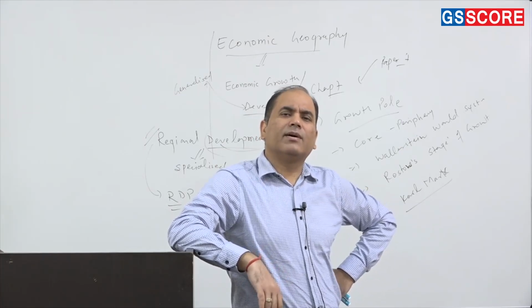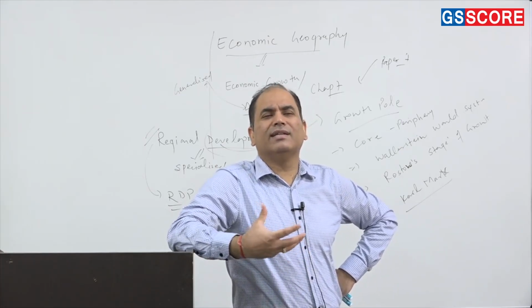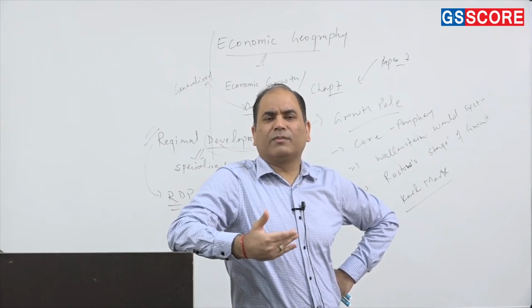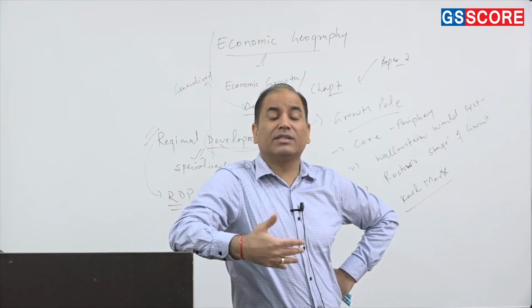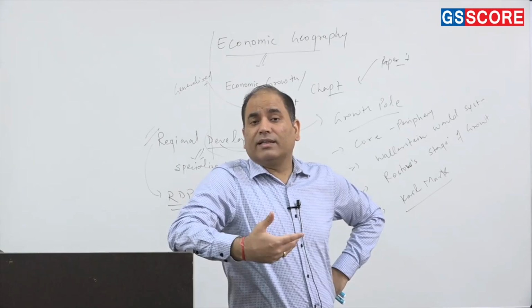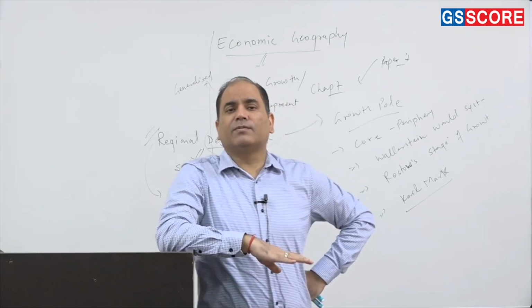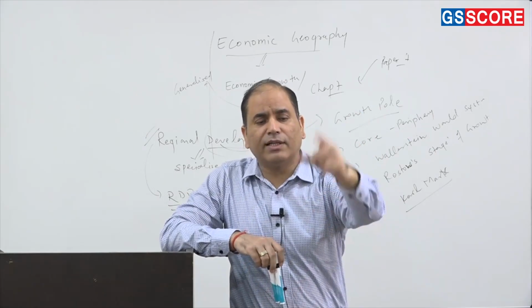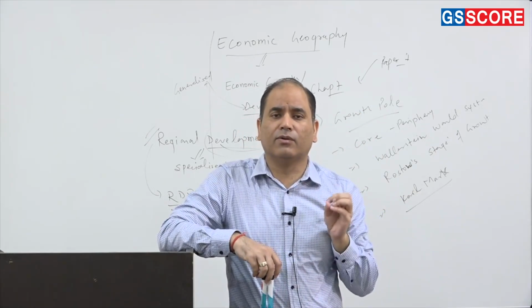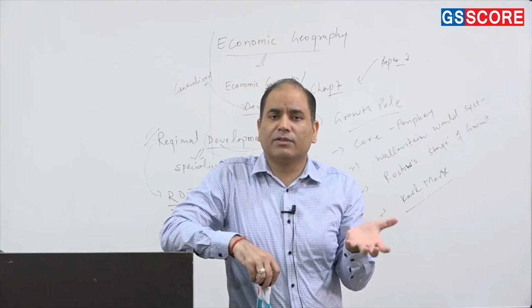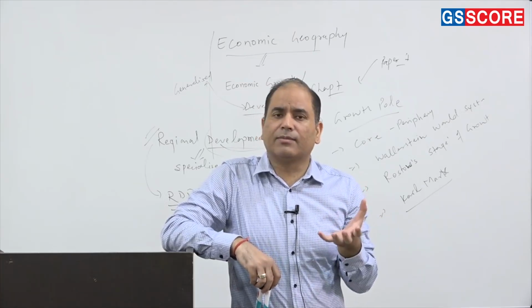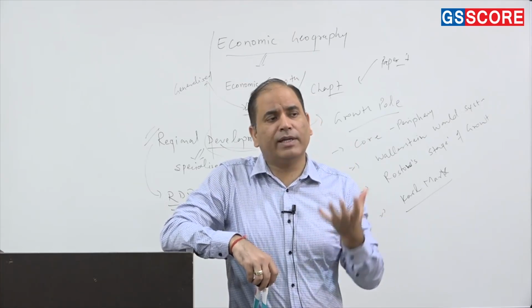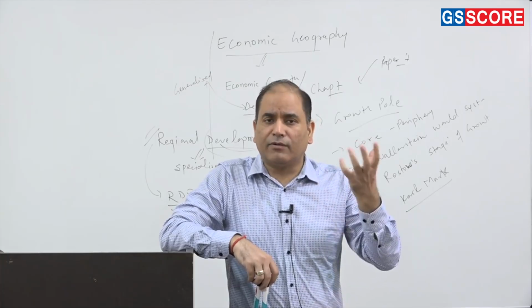तो इस तरीके से जब आप pointers लिखेंगे, it will be more like a GS, very generalized. उस पे examiner is not going to appreciate, because the examiner is not expecting something like this from you. The examiner is expecting that when you write agricultural productivity is low, you will identify in which area it is low. Throughout the country agricultural productivity is not low. We have very high agricultural productivity in the green revolution area, and in some particular areas.